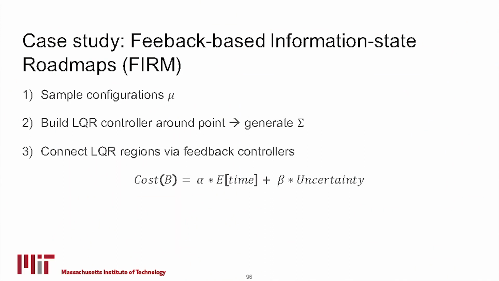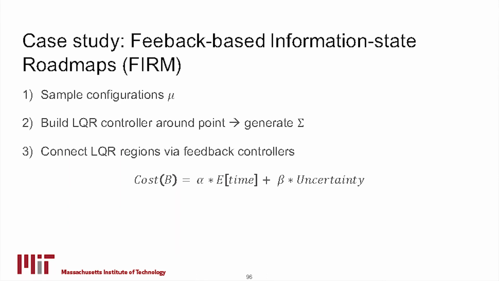The idea behind this is you're going to sample mean configurations from your configuration space. Then you want to build an LQR, a linear quadratic regulator controller, around these mean points, and that'll generate what variance you can tolerate. Right?